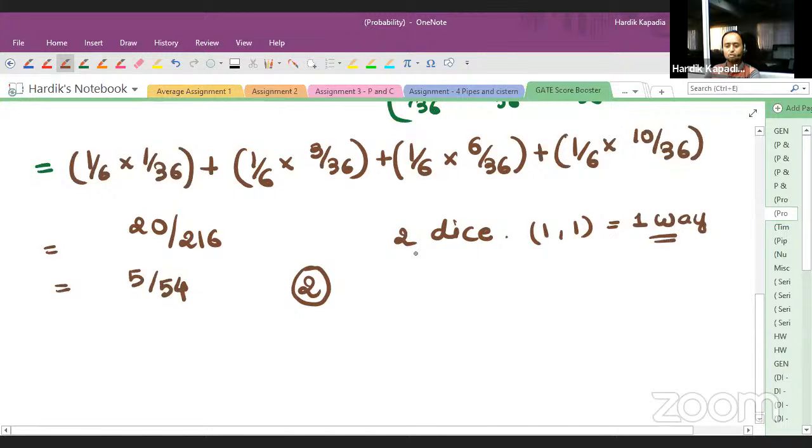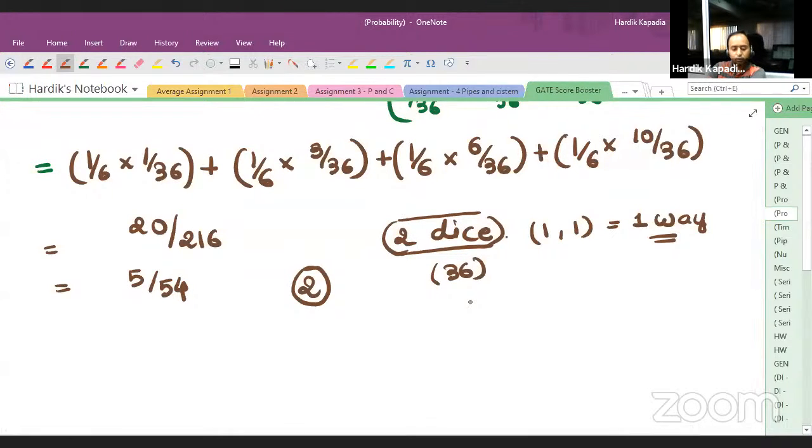And the sample space of throwing 2 dice is 36. 1 1, 1 2, 1 3, 1 4, 1 5, 1 6, 2 1, 2 2, 2 3, right? So it has to be 1 by 36 only. I think it is clear now.